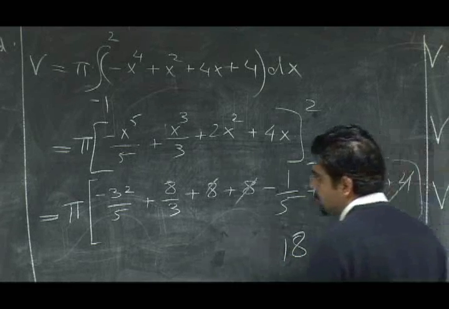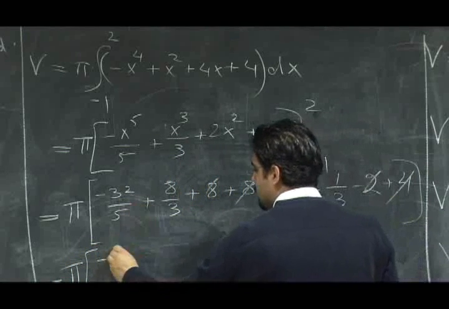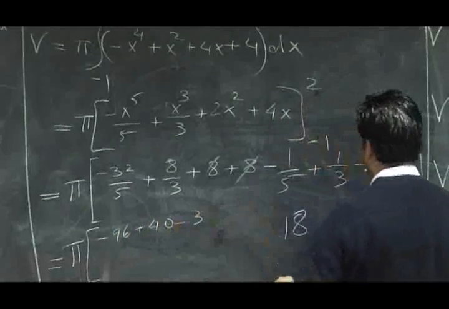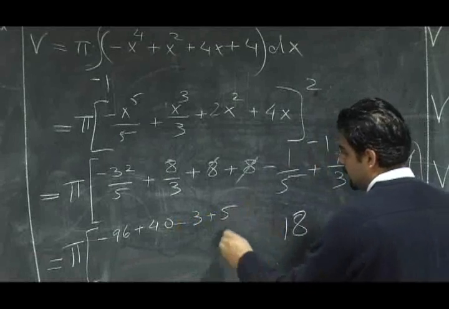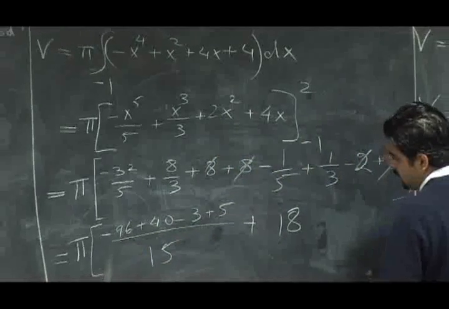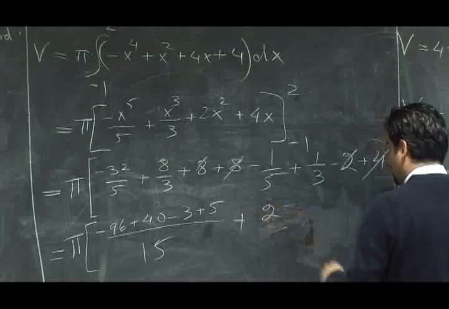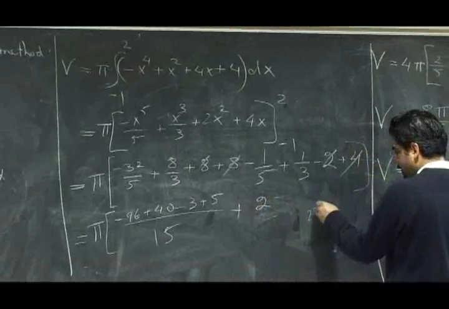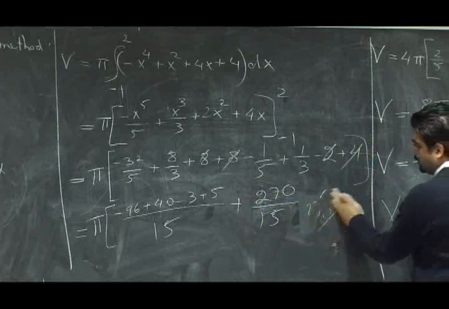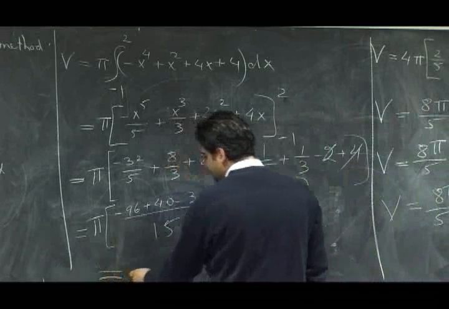So if I take everything over 15, this would be 96 plus 40 plus 3 plus 5 over 15 plus 18. Okay, so all the denominators are now over 15.